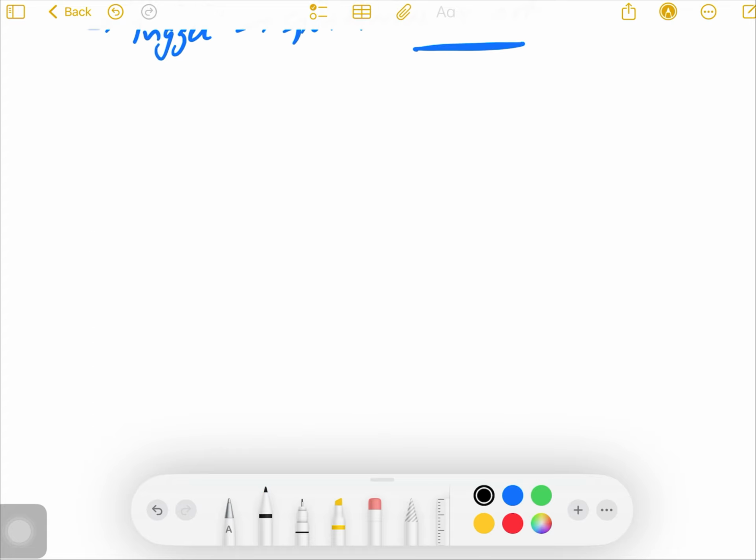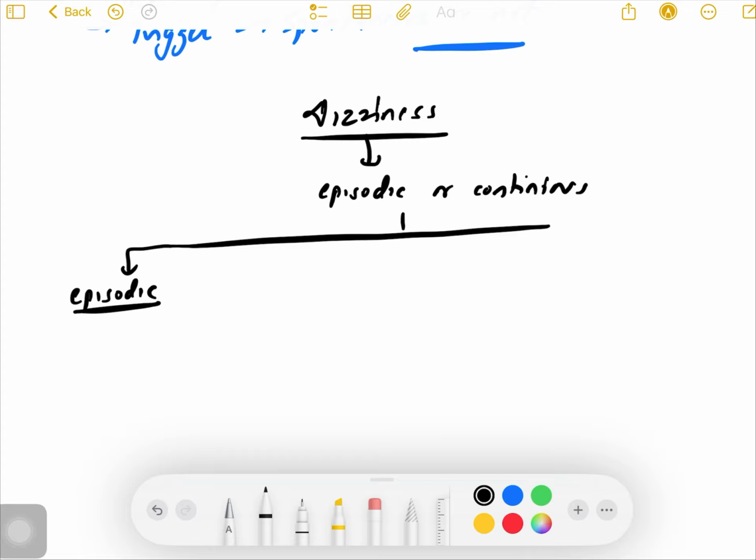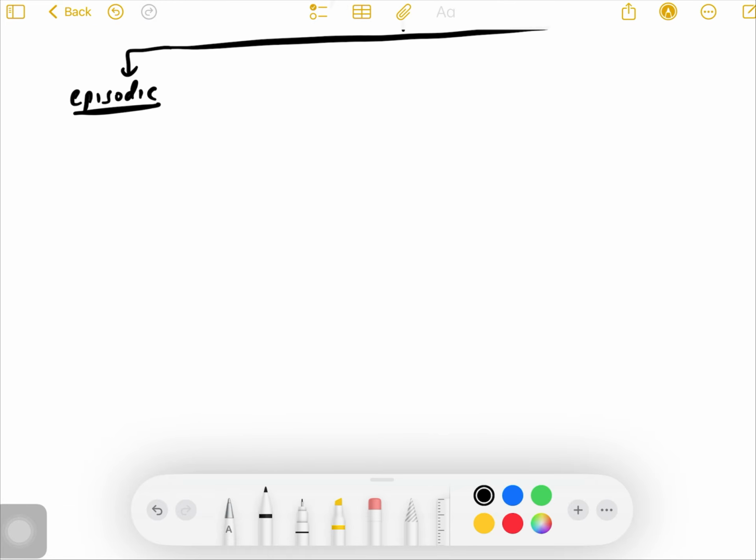If a patient comes to us with dizziness, we have to know if it's episodic or continuous. If the dizziness is episodic, then we have to find out if it's triggered or spontaneous.